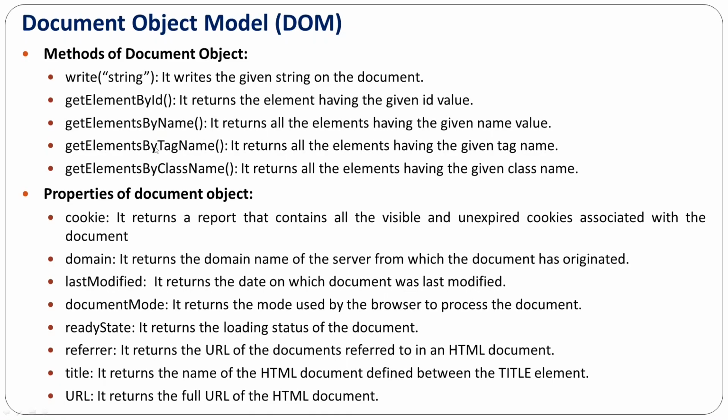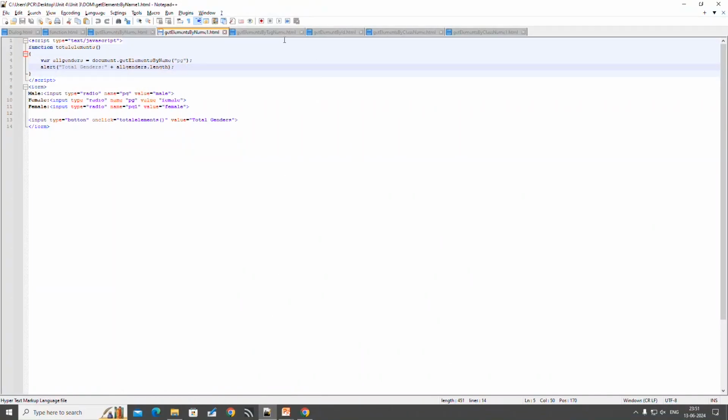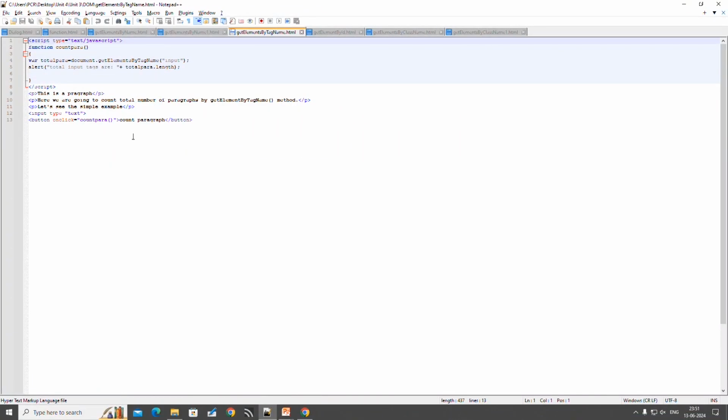In the same way, by tag name we can have the functionality getElementsByTagName. So what is the tag name? Let's see, okay, total paras: document.getElementsByTagName input, how many input fields are there? See here, we simply have a single input tag. In the same way we have computed it, and the message we have displayed.